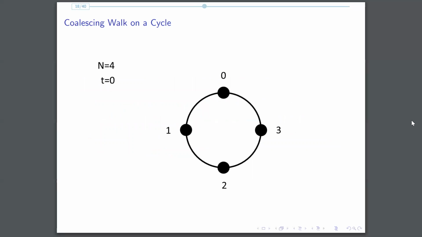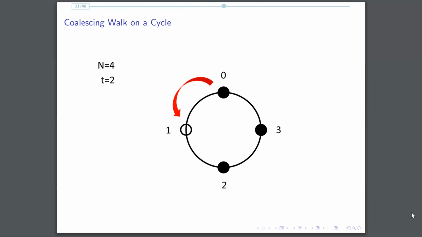So here's an illustration of this process for the 4-cycle. At t equals 0, all vertices are occupied. Then at t equals 1, we randomly select vertex 1 and move it to 1 plus 1 mod n, or vertex 2. Since there's already a particle at vertex 2, we combine those two particles into a single particle at vertex 2, as shown here.